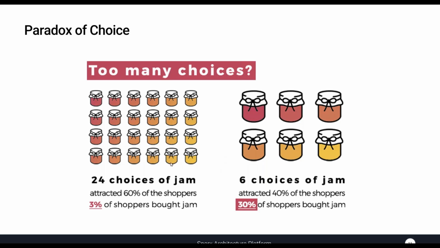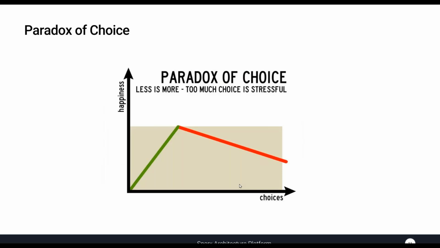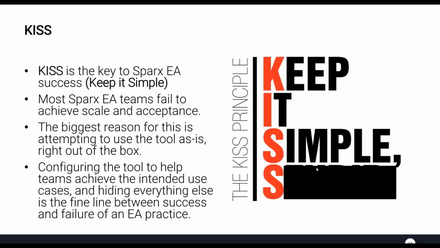In the context of a purchase, only 3% of the shoppers even bought something sensible. And this study also says there is a sweet spot with the number of choices. As the number of choices increases, the chance of you doing anything sensible goes down. And this is exactly the rationale of what we have tried to do, which is to keep it simple.